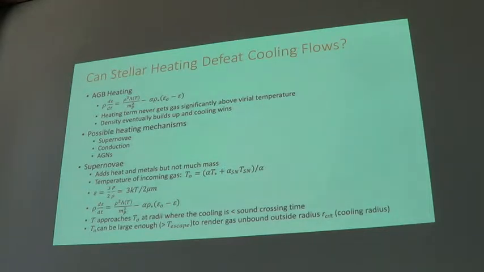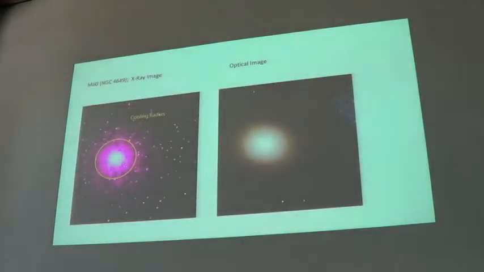And of course, since this is independent of galaxy, but the escape temperature depends on the depth of the potential well, whether or not you drive a wind depends on the mass of the galaxy. So for a particular mass galaxy, there's some radius beyond which it's energetically feasible to drive a wind by supernovae, and within which it's not.